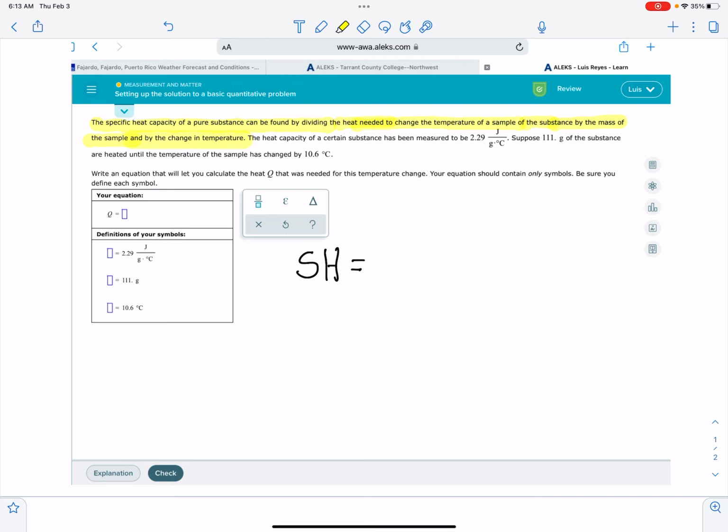So we're going to take the heat needed, and they're using Q for the heat needed. I'm going to use Q, and it's found by taking that and dividing it by the mass and the change in temperature.